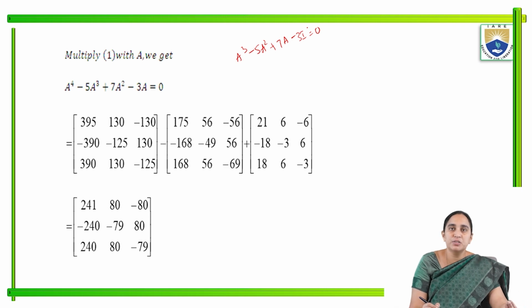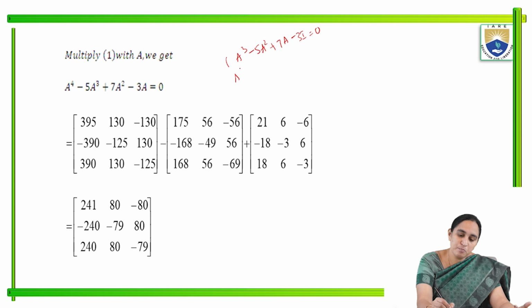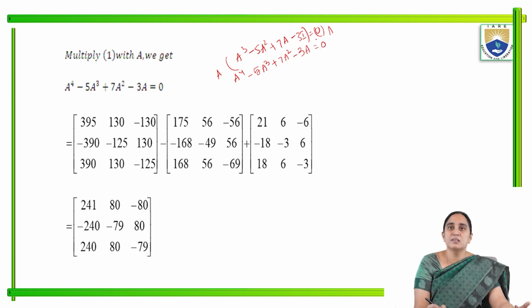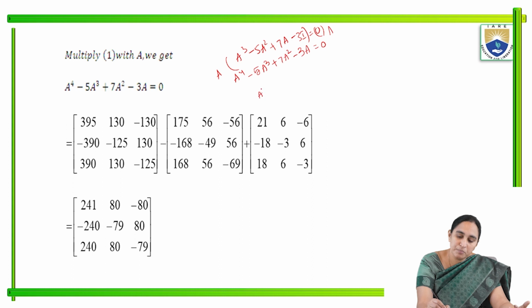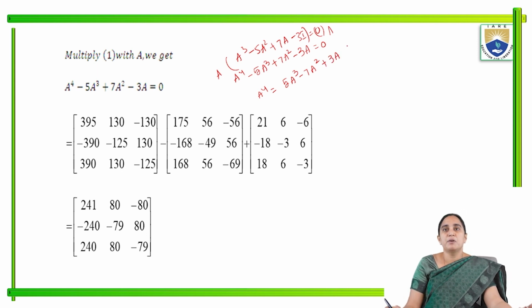To find A power 4, we multiply both sides with A. From that, A power 4 minus 5A cube plus 7A square minus 3A is equal to 0. Therefore A power 4 is equal to 5A cube minus 7A square plus 3A. This is A power 4.